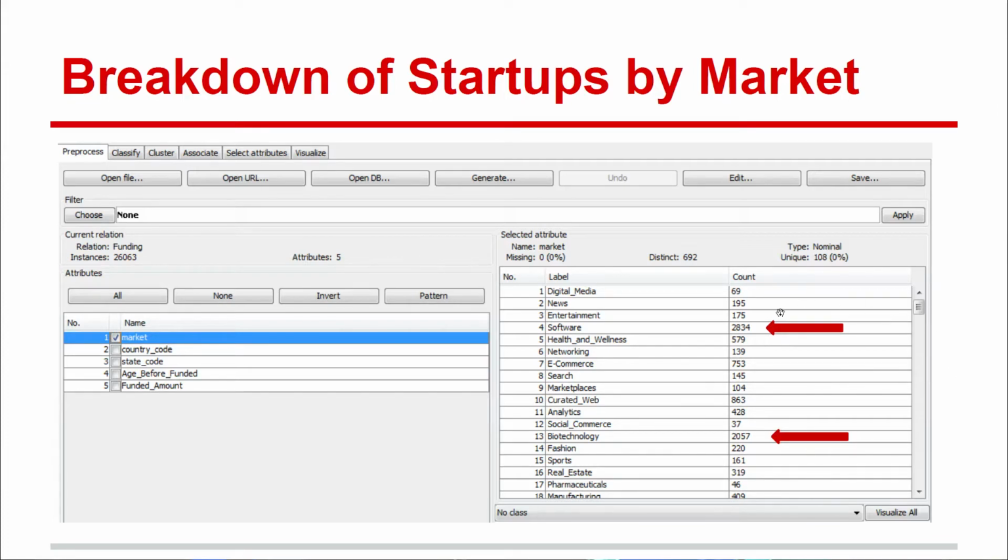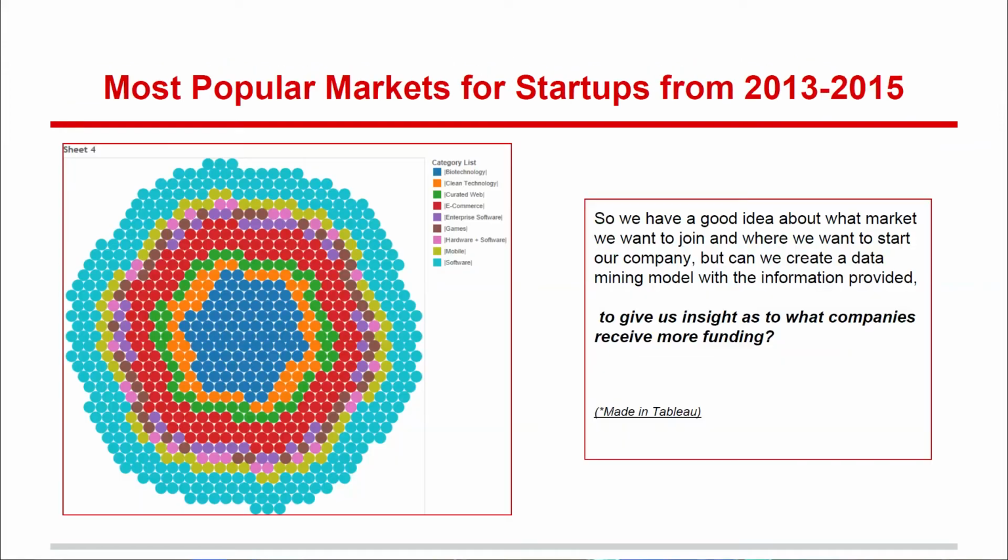But luckily for us, out of two of the highest counted categories, software was definitely one of them, so a good indicator for us of a good chance of receiving funding.